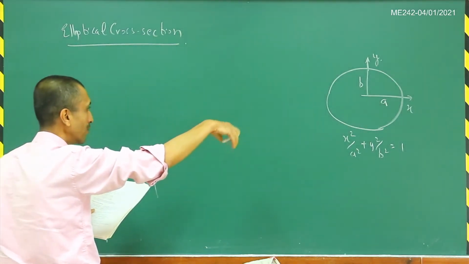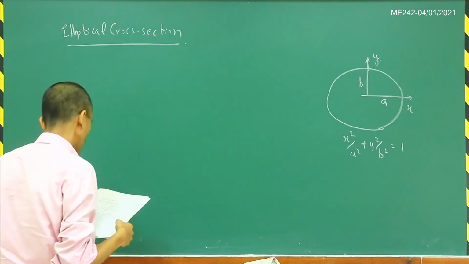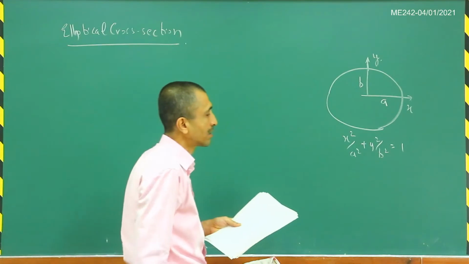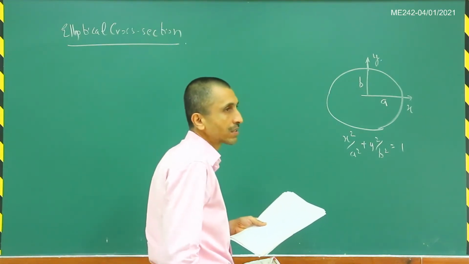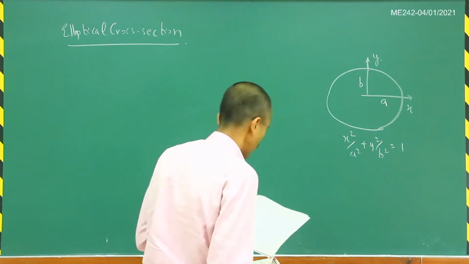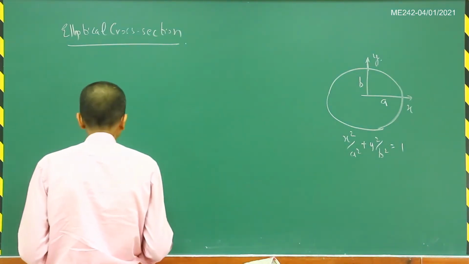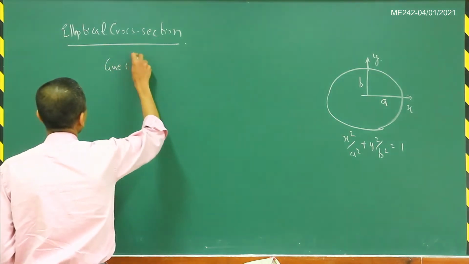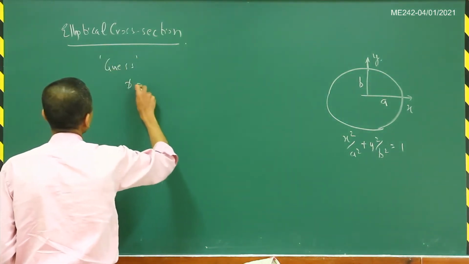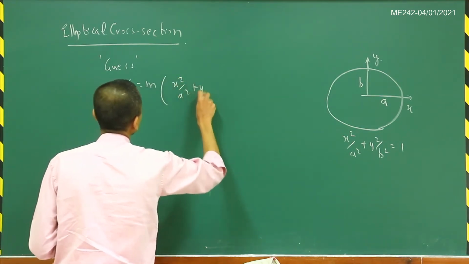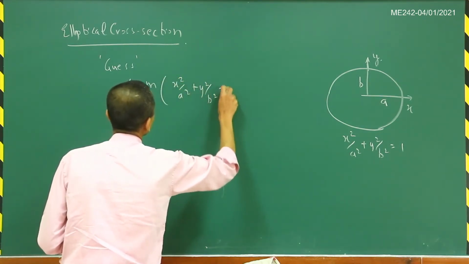These are the three functions to be found for this particular problem. In this case, it turns out that the easiest function to find is the Prandtl stress function. So we will guess phi equal to m times x square by a square plus y square by b square minus 1.